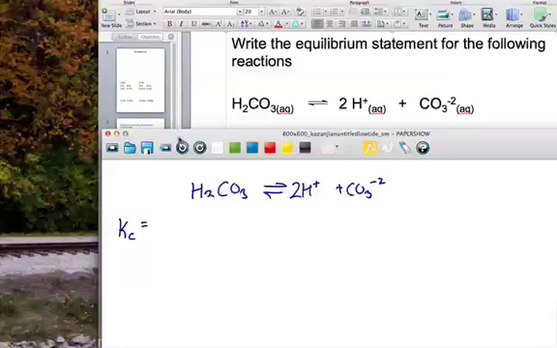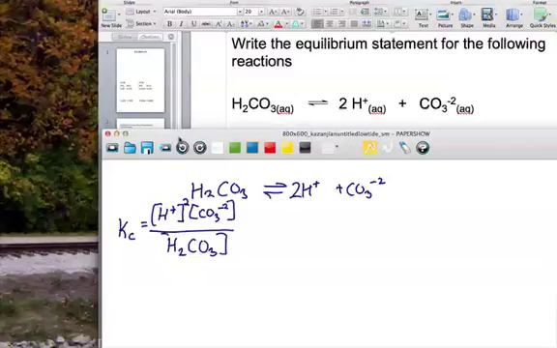The general form is always products over reactants. So this would be H+ concentration squared times carbonate concentration, all divided by the carbonic acid concentration. This would be the form of the equilibrium expression.